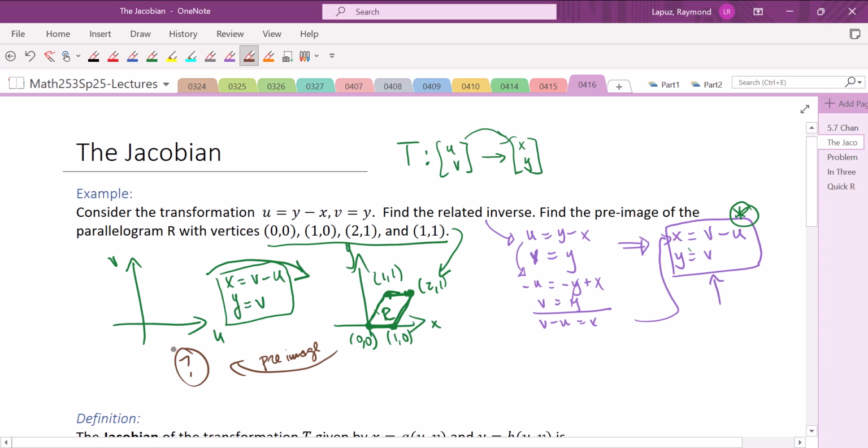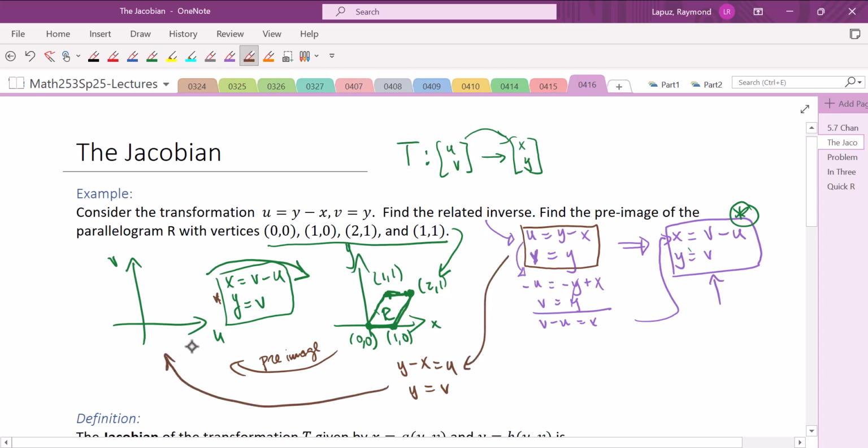All right. Now, this set of equations tells us how to get from uv to xy. When we want the pre-image, we want to use these equations where y minus x is going to be equal to u and y is going to equal v. And that's how we're going to get the pre-image. So we're going to put in points like we did last time.